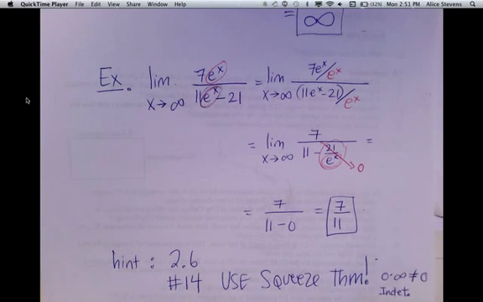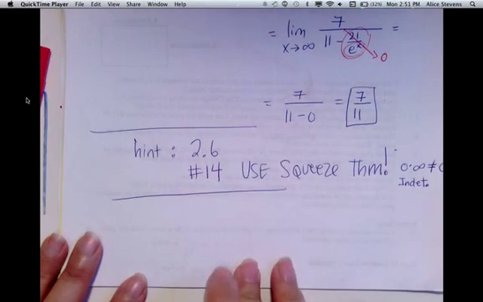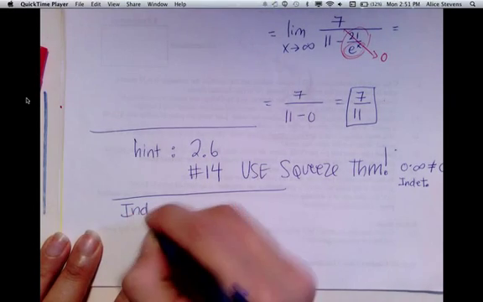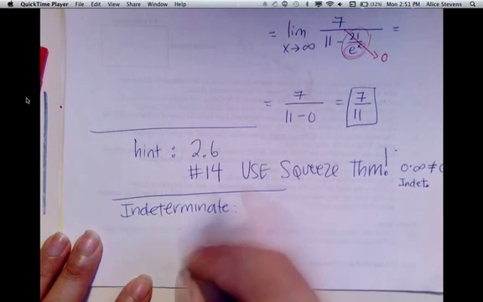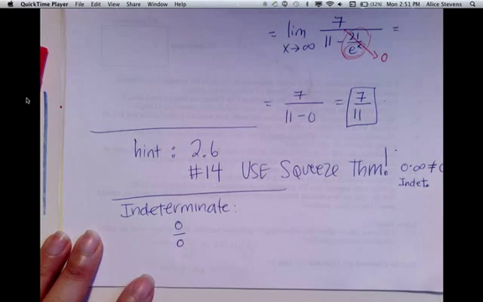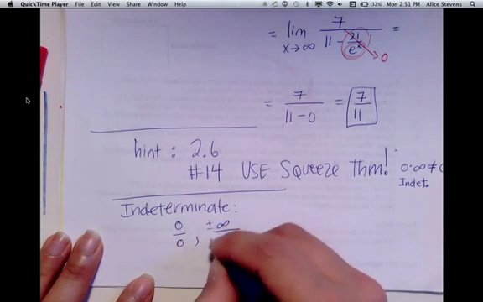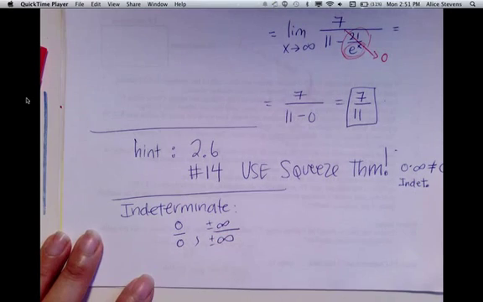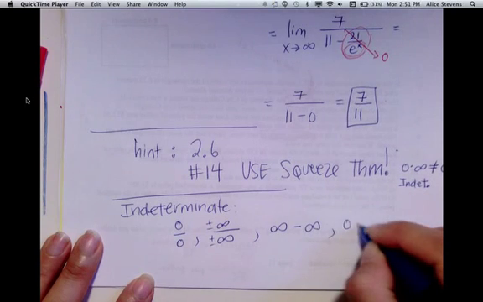That means no info. One other thing I want to point out is the indeterminate forms we've dealt with so far have been 0 over 0, that was the first one, and then some form of infinity over another infinity. We had infinity minus infinity, and we had 0 times infinity.